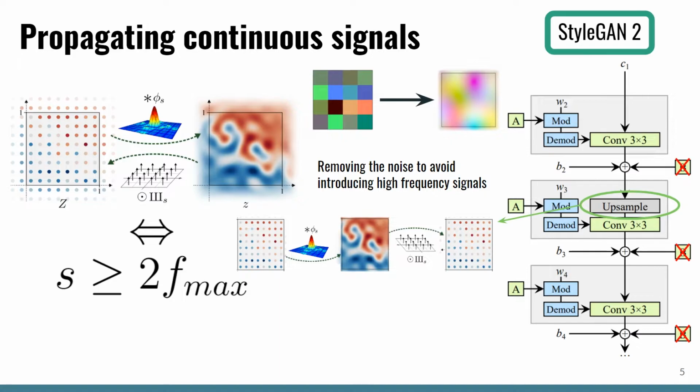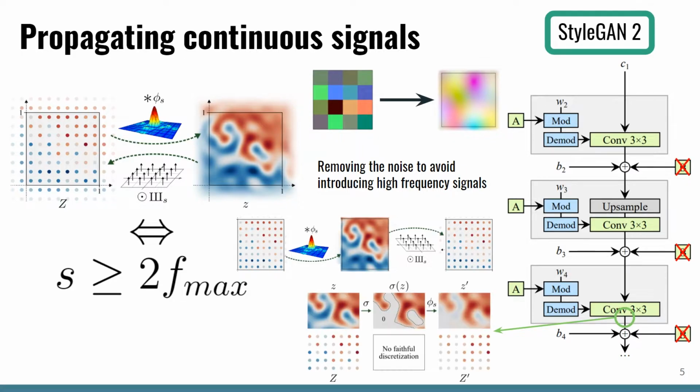Actually, you can do any resampling that you want of this image as long as you have a satisfied Shannon-Nyquist theorem. But as we mentioned, the main culprit in there, we have yet to talk about it, because the main culprit is the ReLU activation. So let's talk a little bit about that. The problem with the ReLU activation is that it is setting a whole area of the signal to just straight zero, and that has infinite frequency.